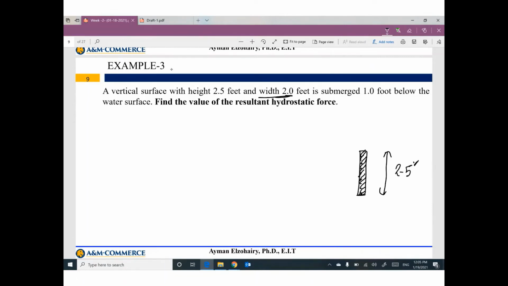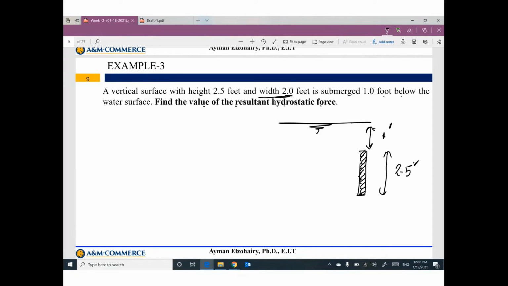That's fine. It's submerged 1 foot below the water surface. Here is the water surface. This submerged distance is 1 foot. Find the value of the resultant hydrostatic force.